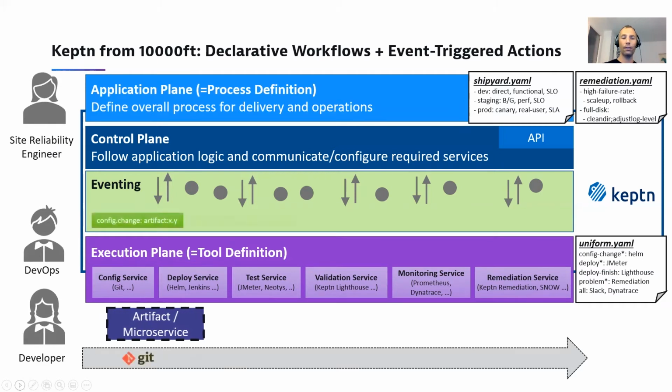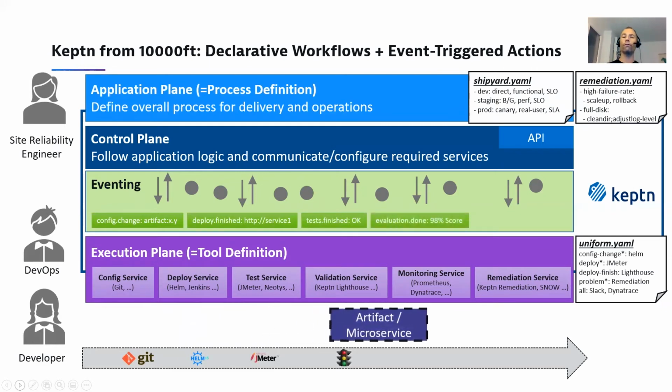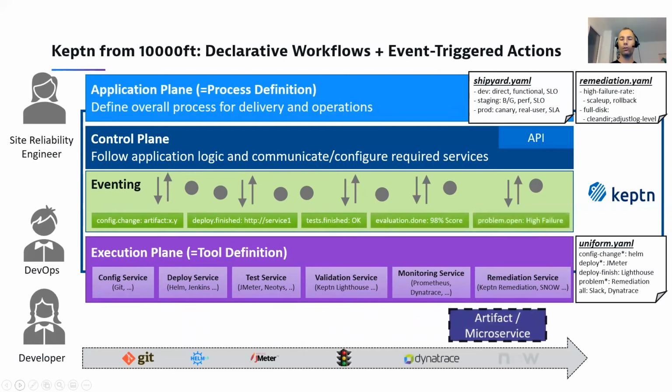Then Keptn is basically taking this artifact and executing the workflow by sending events, and then the individual tools are taking care of it. All right, so that's a quick overview of Keptn and the architecture. What you need to take with you is declarative workflows, and everything is event triggered. That means the events themselves trigger actions, or basically trigger tools that can do certain things.